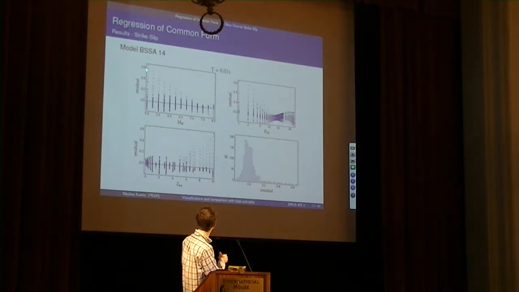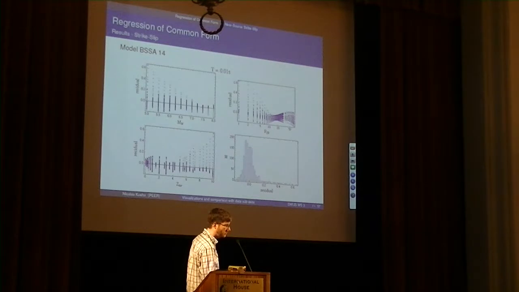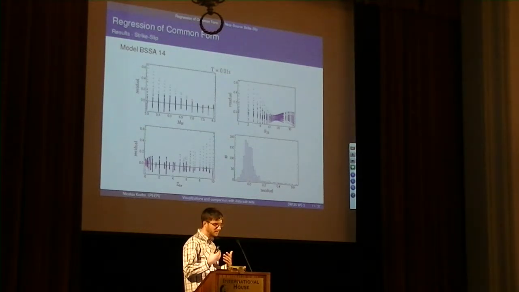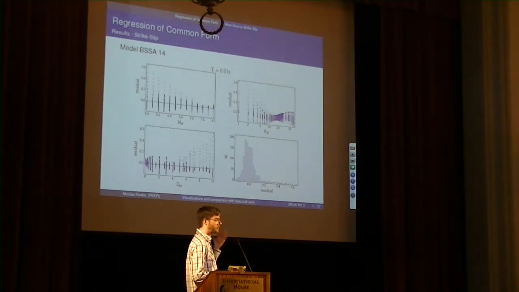And you can see for small magnitudes, we get some fairly large residuals. The reason is that for small magnitudes, we have a Z-Tor value of 7.